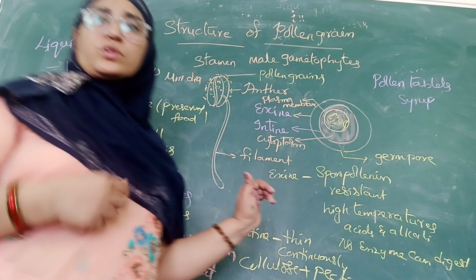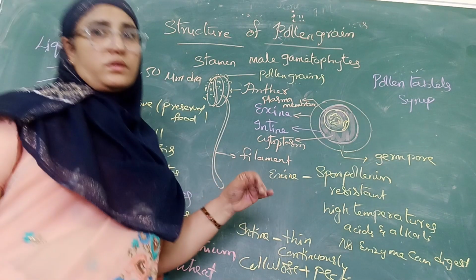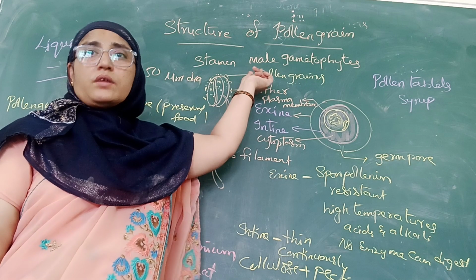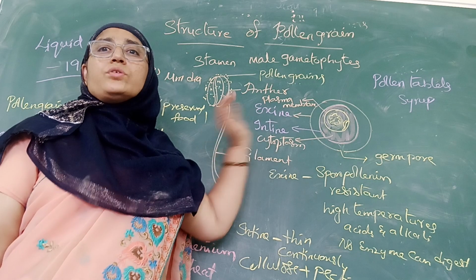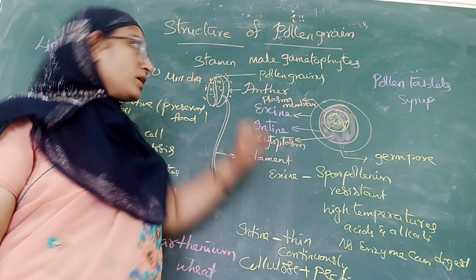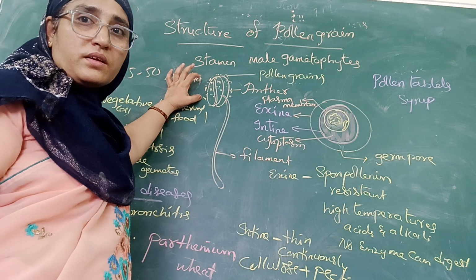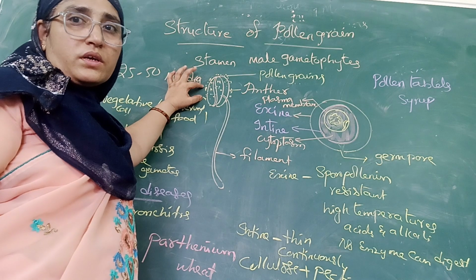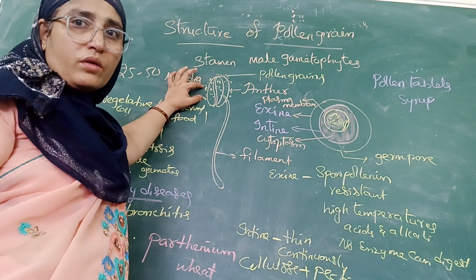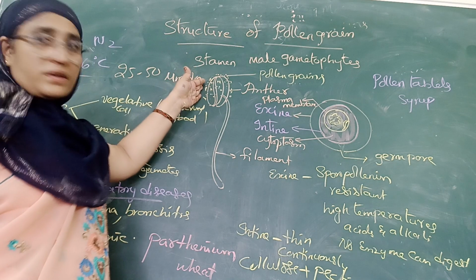Okay, this is about the structure of a pollen. What is a pollen? It is a male gametophyte. Pollen is nothing but the male gametophyte present in the androecium of the plant. The pollen is present as a yellow colored powdery substance attached to the anther of the stamen. We can easily observe this under the microscope.